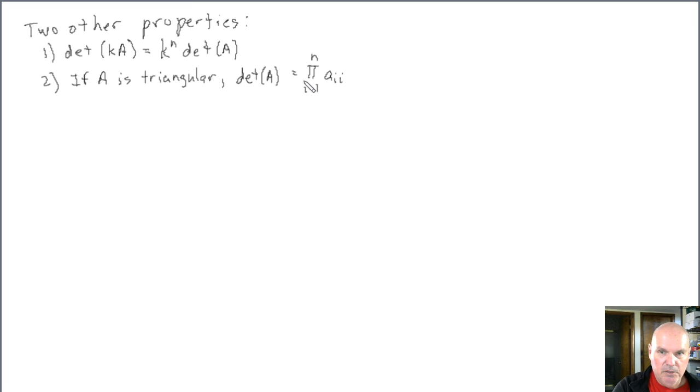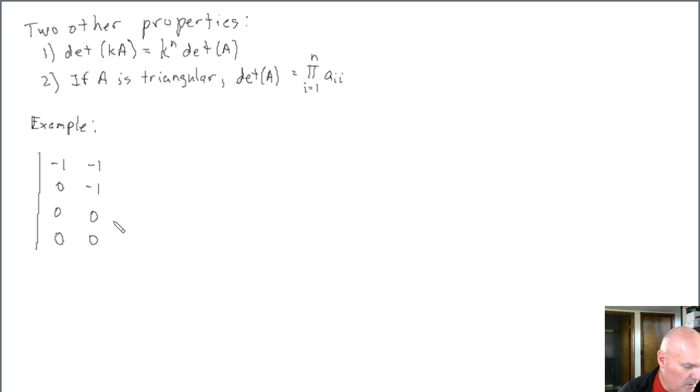Let me go back to the previous example, where I think the last determinant I had was minus 1, 0, 0, 0, minus 1, minus 1, 0, 0, 1, 3, 4, 6, 0, 3, 5, and 8.